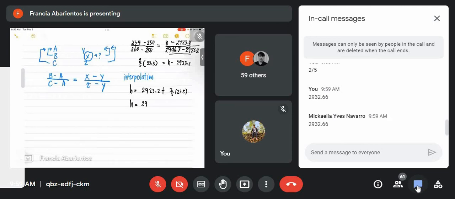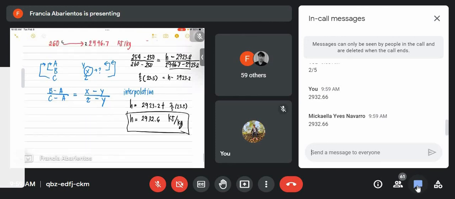What is the other answer of your classmate? 2932. So, 2932.6 kilojoules per kilogram is now your answer in the problem.